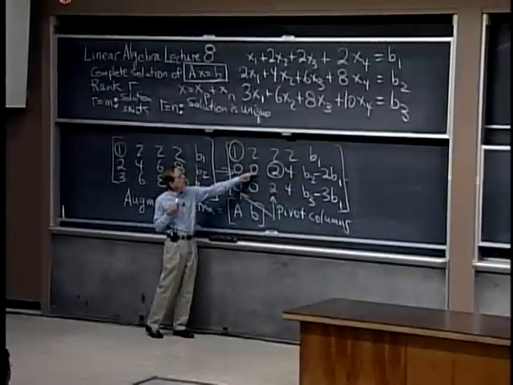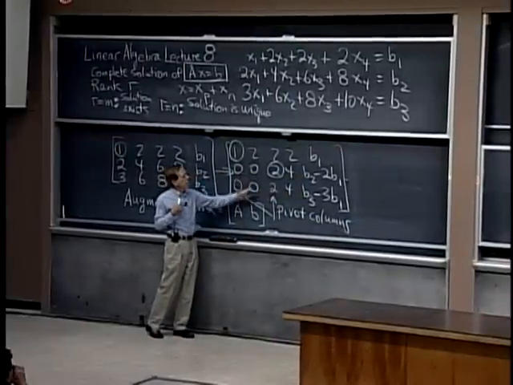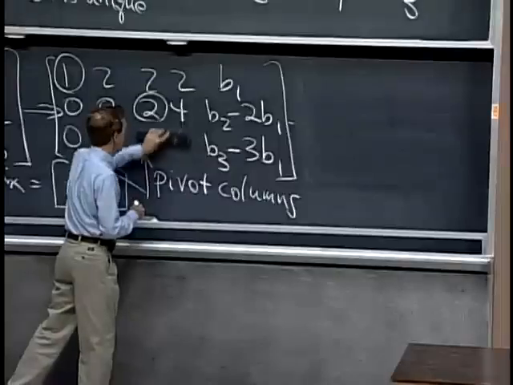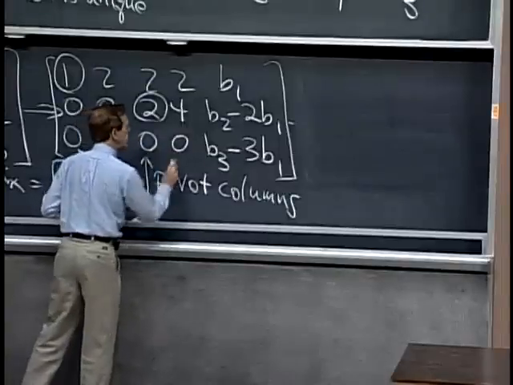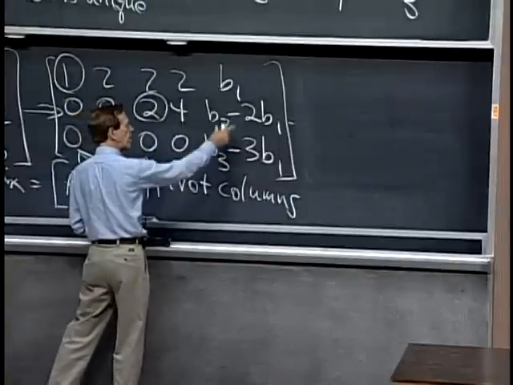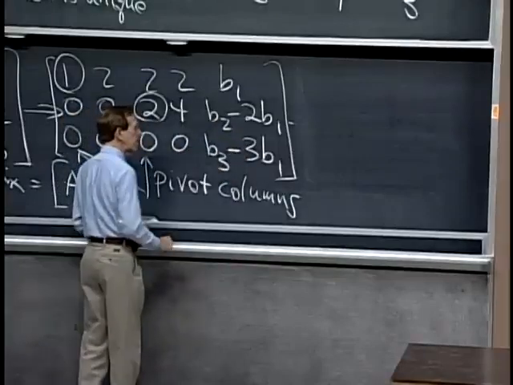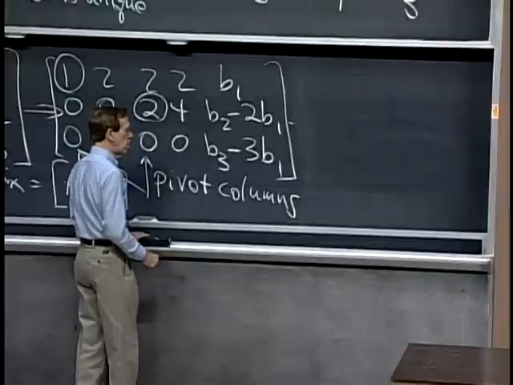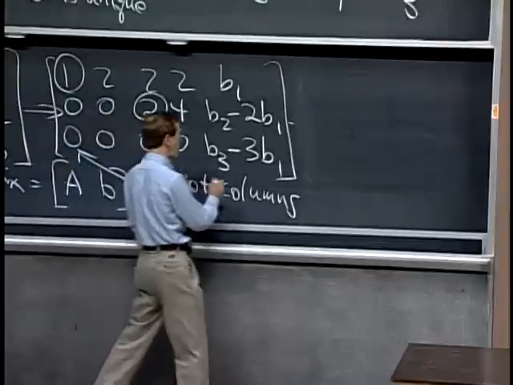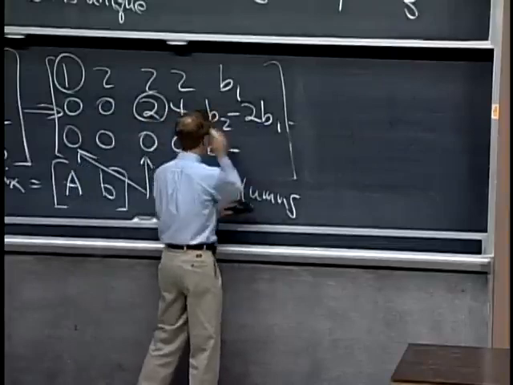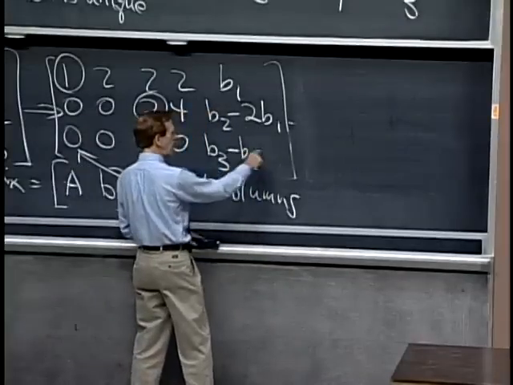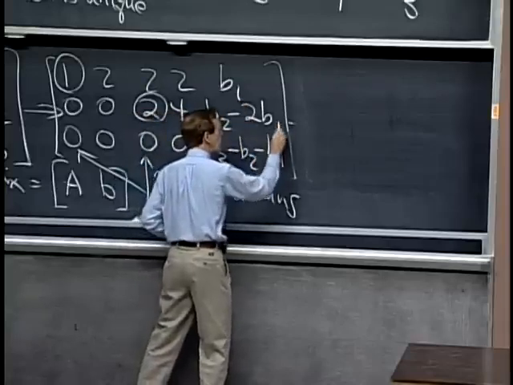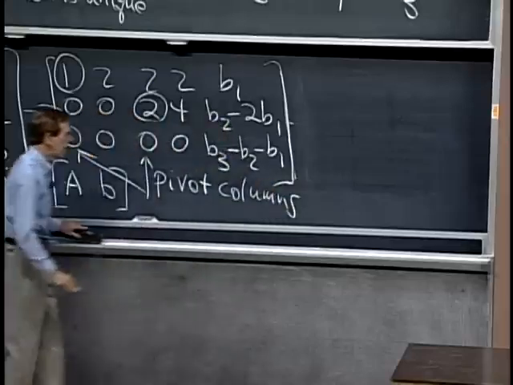We're capable of subtracting this row from this row. That'll knock this out completely and give me the row of zeros. And on the right-hand side, when I subtract this away from this, what do I have? I think I have b3 minus b2, and I had minus 3b1, so it's going to be minus b1. Oh, yeah. That's exactly what I expect.